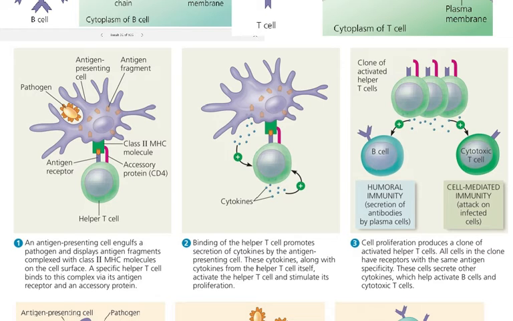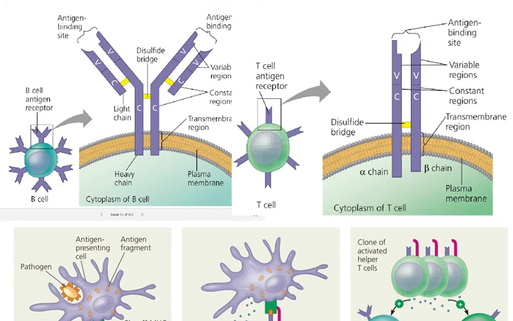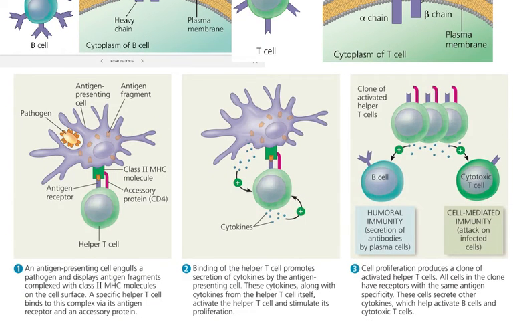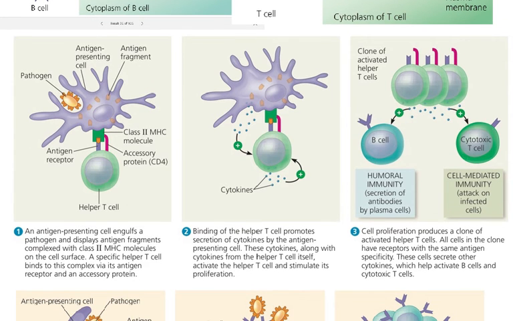So anyways, these MHC2 complexes on the dendritic cell or on the macrophage are going to present out an antigen, the little bit of our pathogen, and the helper T cell with its T cell receptor, so we looked at the T cell receptor up here, it's going to bind the antigen right there. And it's got this little accessory protein called CD4, and CD4 is going to help out the helper T cell in binding this antigen.